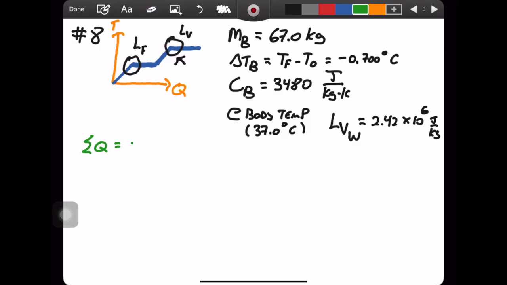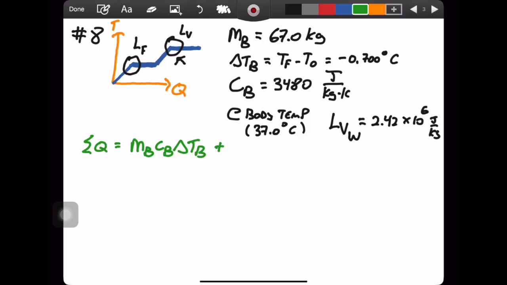The way we describe that is we say the mass of the body, the specific heat of the body, and the temperature change of the body. In general, mc delta T is going to be either the heat required to warm something up if delta T is positive, or the heat lost when something cools down if delta T is negative.